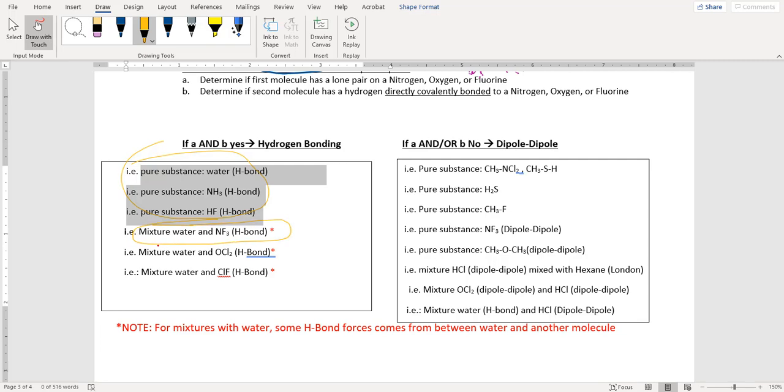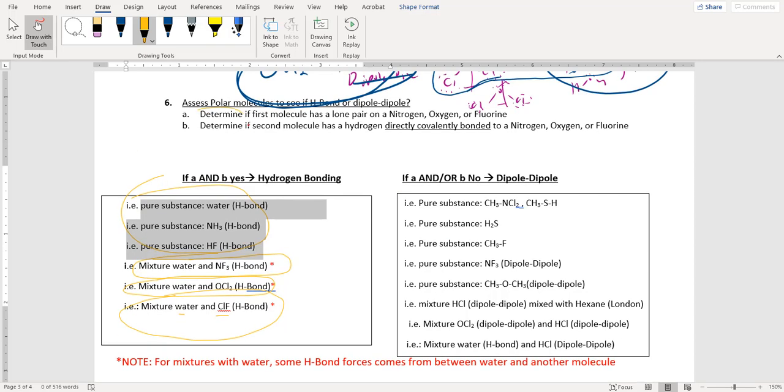And it turns out for these examples, when they're mixed specifically with water, there's that intermolecular hydrogen bonding that occurs between the two different molecules. On the right-hand side, if one of these assessments is not completed, then it's automatically going to be dipole-dipole.